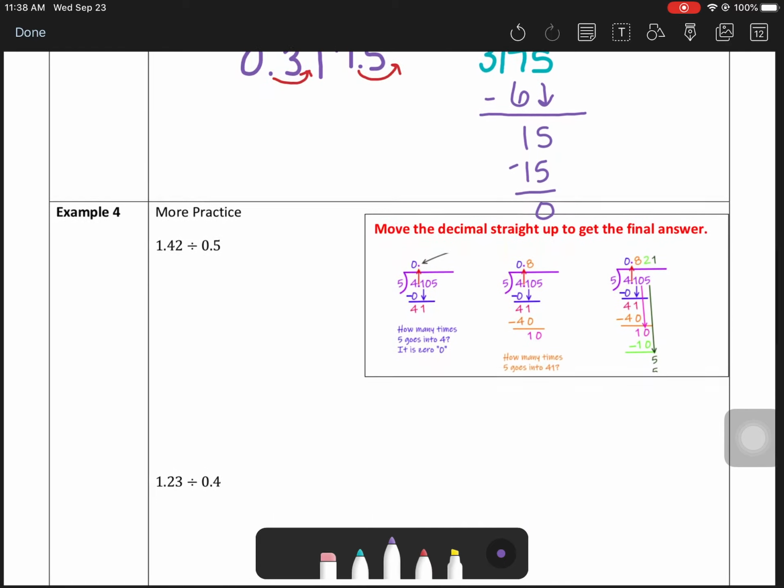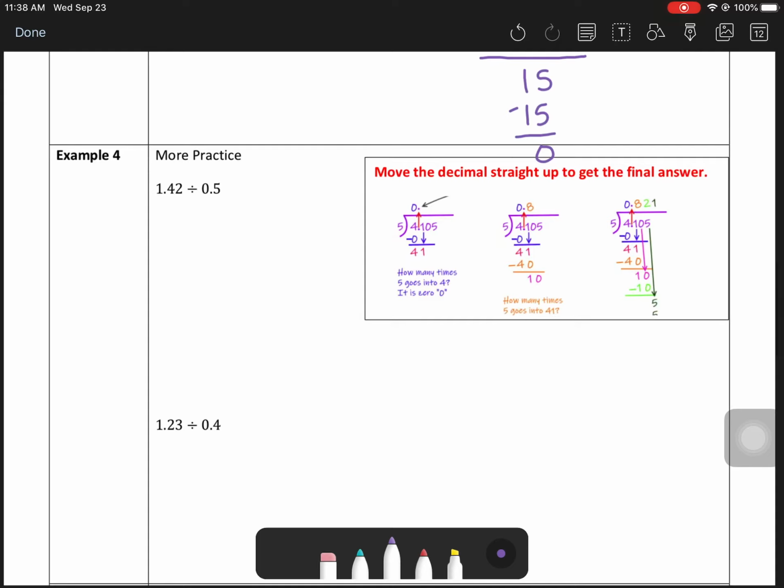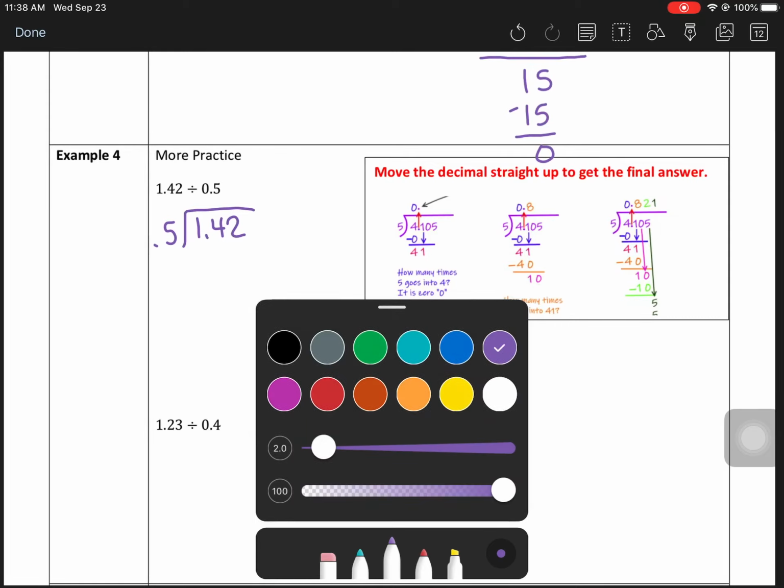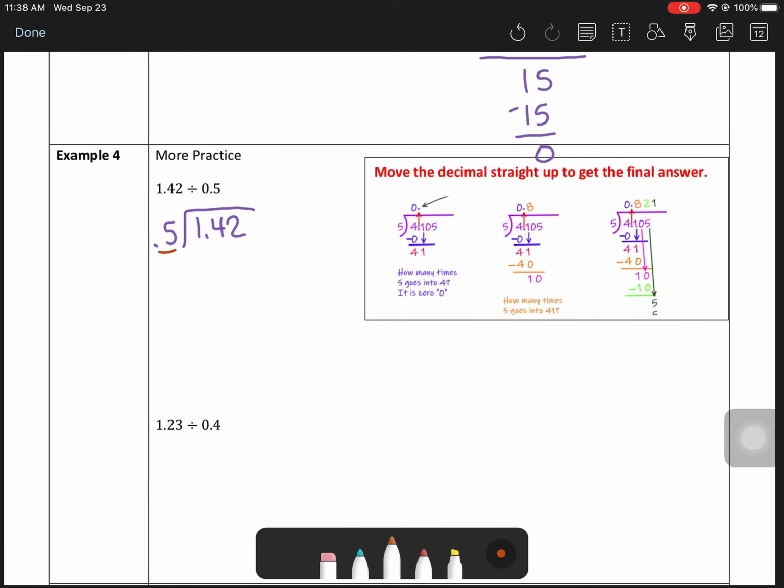Okay. Now, when we go into the next problem, remember that our 1.42 is inside of our box, and our 0.5 is outside of our box. But we want to move the decimal 1 place, and if I move it 1 place in the divisor, I move it in the dividend. But if you remember now, it's between the 4 and the 2, so we bring our decimal straight up to the top.